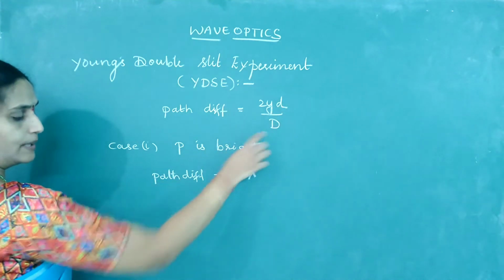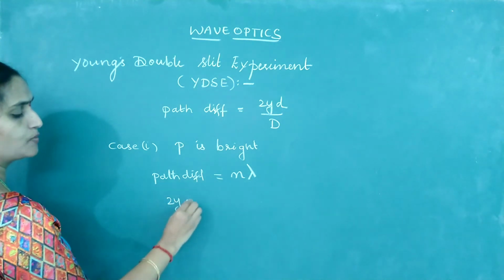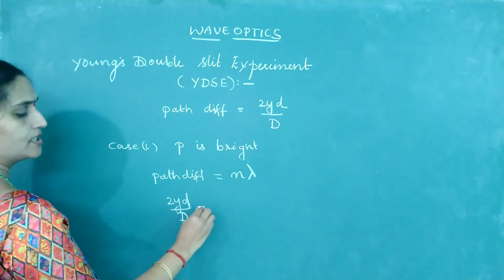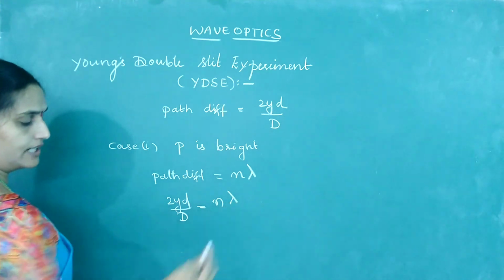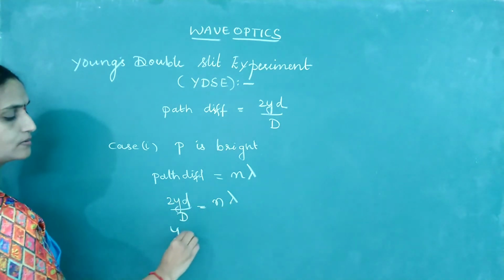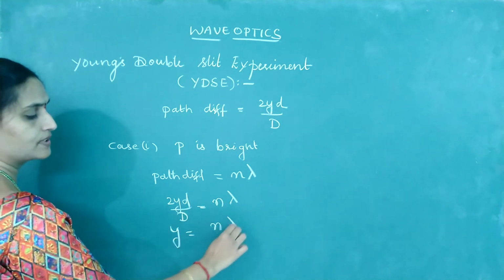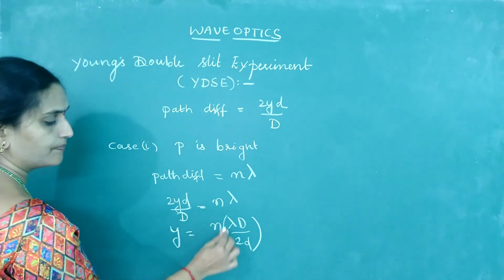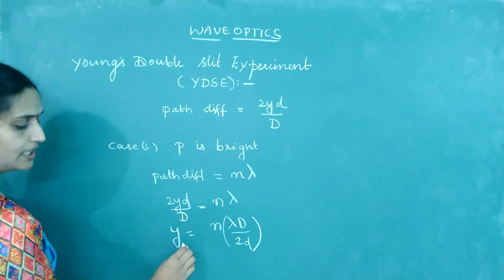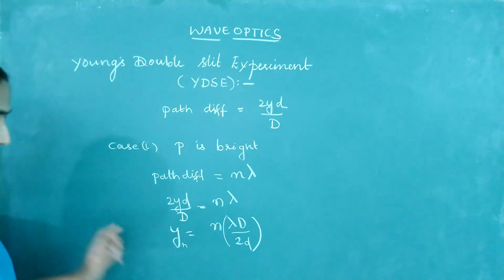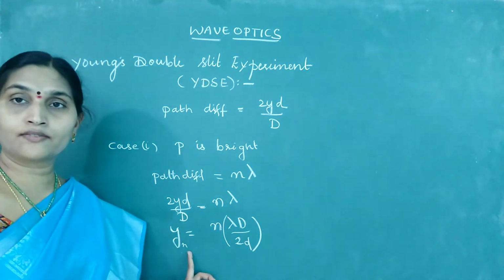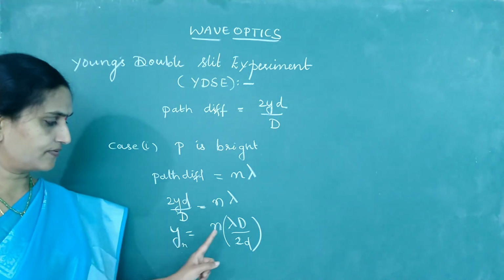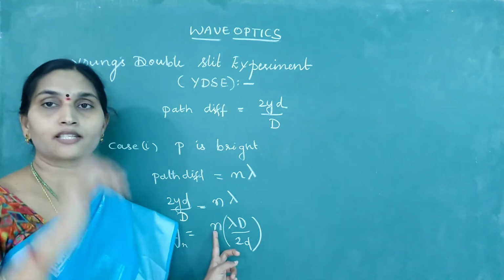So equate it to lambda: 2y small d by capital D should be equal to n lambda. So what is y equal to? y is n times lambda capital D divided by 2d. So this gives me what I call yn. Remember, yn gives you the distance of the nth bright fringe from the central fringe.